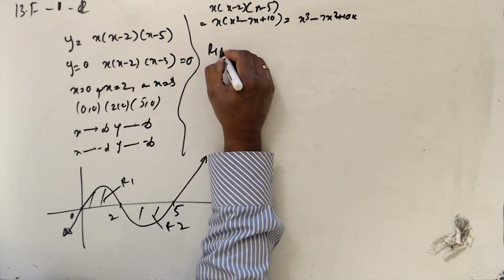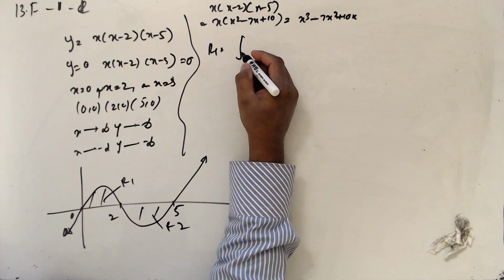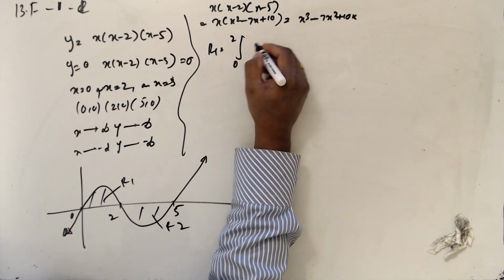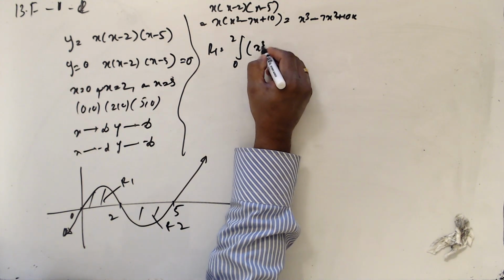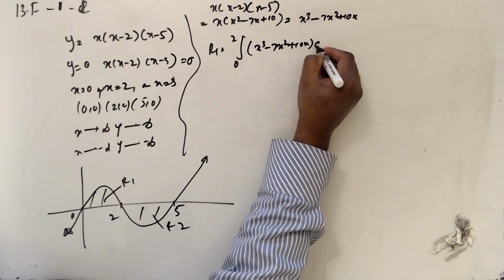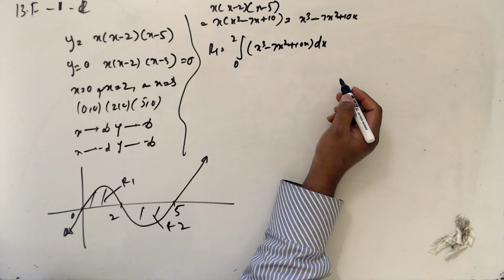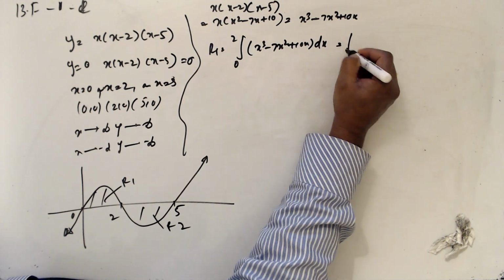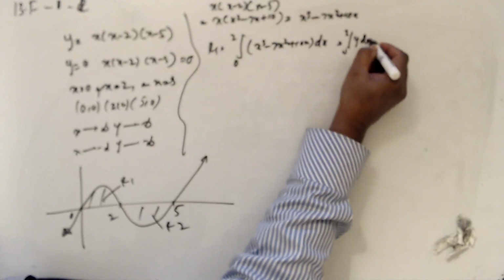So R1 equals the integral from 0 to 2 of x cube minus 7x square plus 10x dx. So this is actually 0 to 2 of y dx.